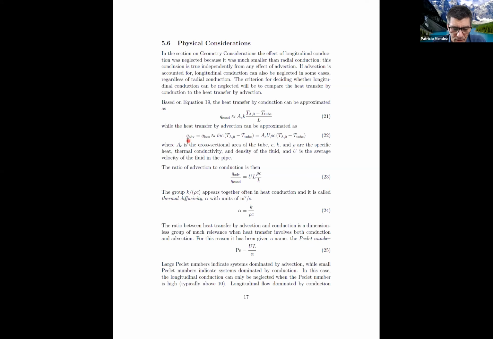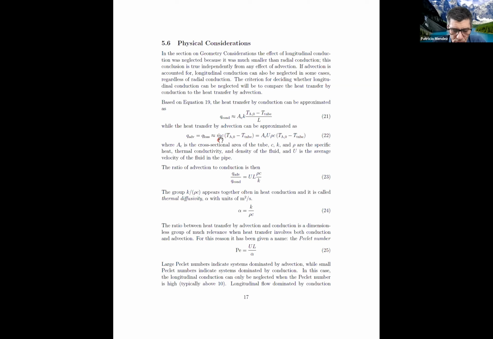So the heat rate by advection is that of the heat loss, and we saw that in our first week of class, at the beginning of Monday, because we didn't finish it in the first week. We had this expression that is mass flow times specific heat, in the case we have no phase changes, times the temperature difference between the inlet and the outlet.